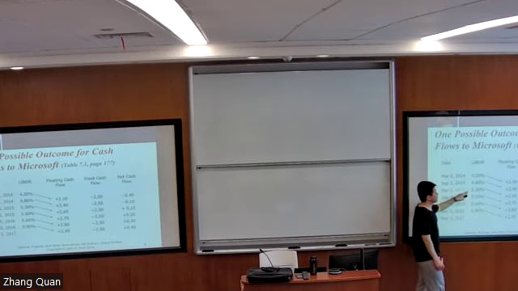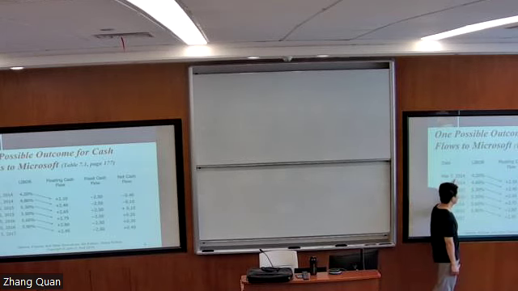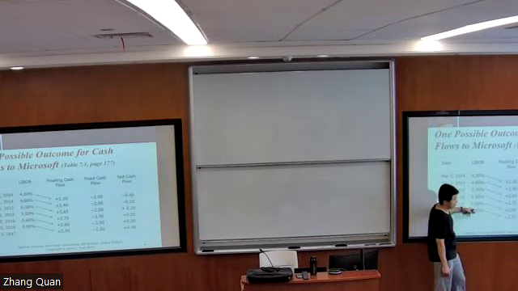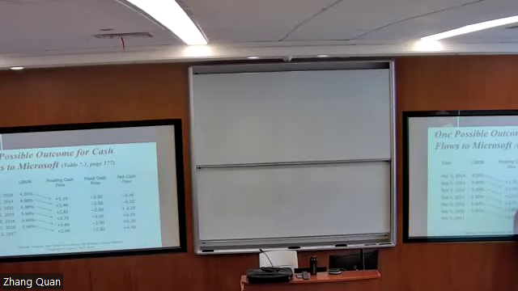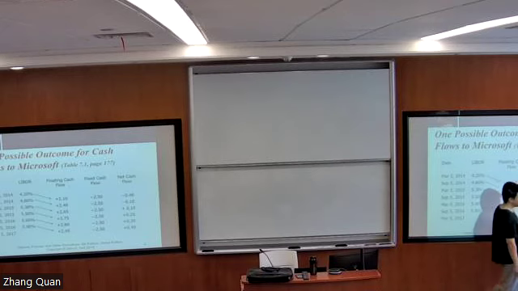Compared to the 5% fixed rate, the earlier 6 months LIBOR is much less than the fixed rate, but at later times it turns out to be higher. And that makes Microsoft suffer some loss at the beginning, but later they get some benefit.